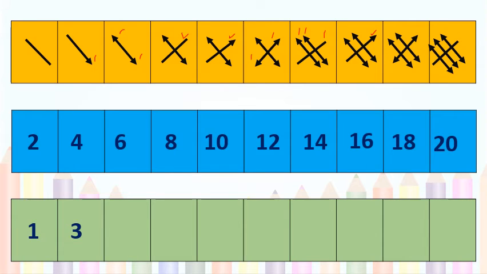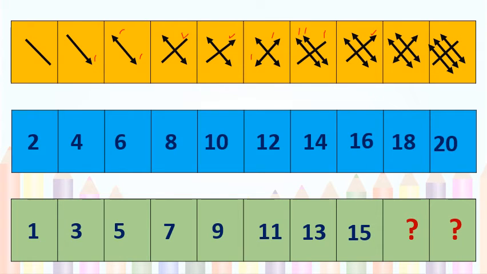Right? Next one. 1, 3, 5, 7, 9, 11, 13, 15. Yes. What are the next numbers? 2 numbers we have to write.